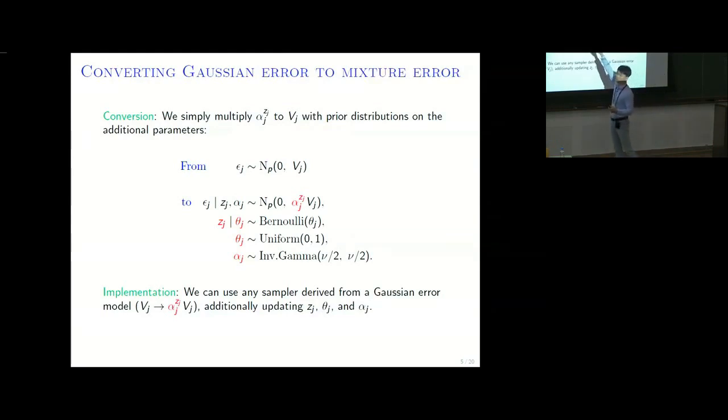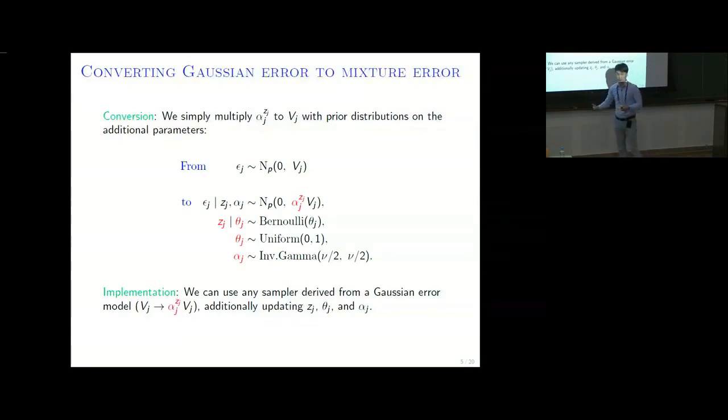Suppose this is what you are using in your model, the Gaussian measurement error model. I'm just multiplying this modification term, alpha_j to the z_j, to the known variance components. And I set up some prior distribution to account for the uncertainties of these extra parameters. So that's it.